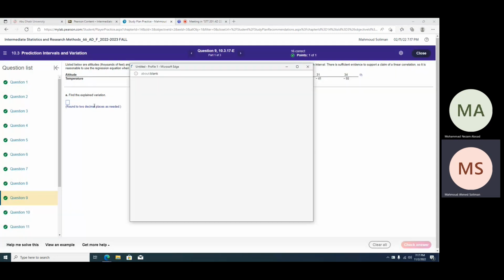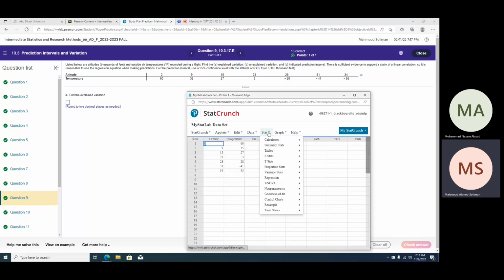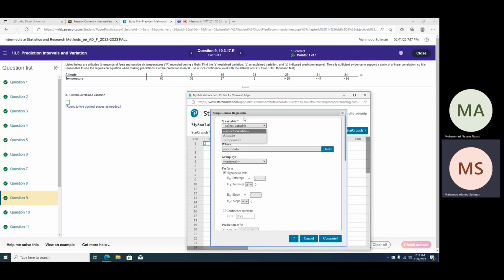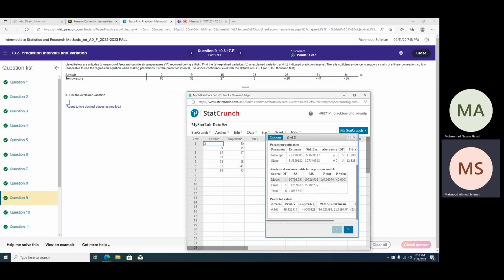So here he wants the explained variation. So we go Stat, Regression as always, Simple Linear. He wants you to use the altitude as your predictor, so altitude is X, because you will put the altitude in X. Here you will put this number, 6.365, and 95%.